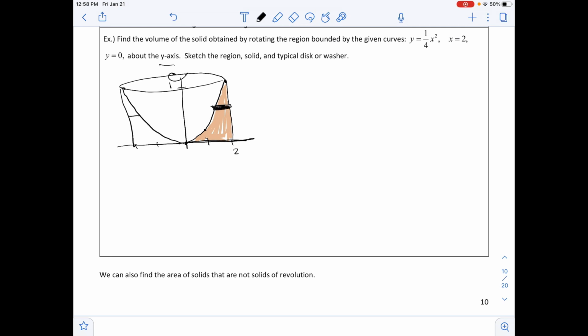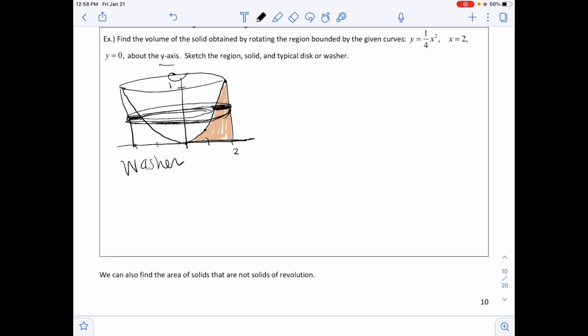And as we rotate it around, it's going to end up on that other side. But you'll notice that there's going to be an inside and an outside of the rectangle that we're rotating around. And so this right here is definitely a washer. So we are dealing with a washer this time.